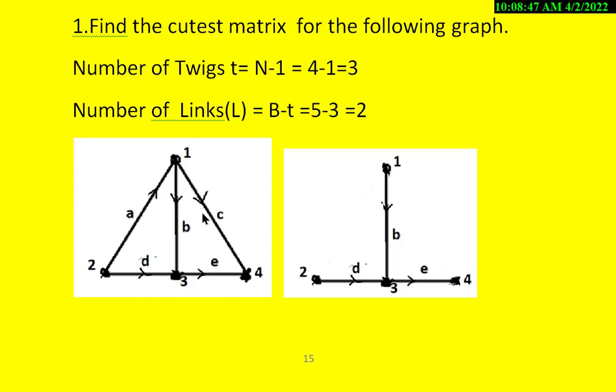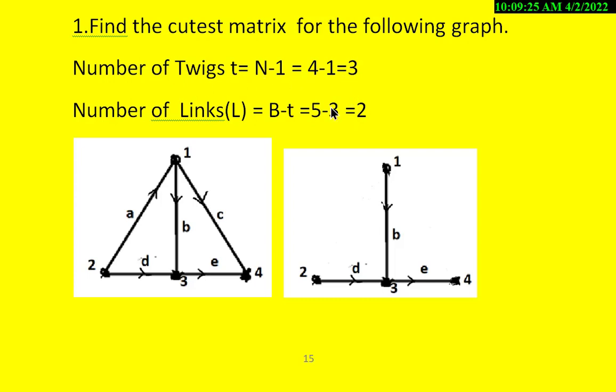Once we know the number of nodes, we can decide the number of twigs of the tree, which is given by number of nodes minus 1. That is 4 minus 1 is equal to 3. So whatever tree is drawn for this graph, it must contain only 3 twigs. Similarly, the number of links that the tree contains is given by the total number of branches in the oriented graph minus the number of twigs.